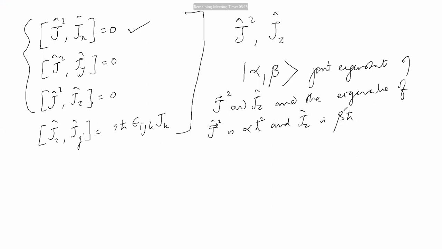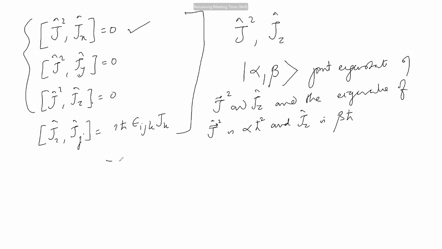Because angular momentum is always measured in units of h cross, and J square is always measured in units of h cross square, since J square is Jx square plus Jy square plus Jz square, and Jz is h cross, so Jz square should have h cross square.